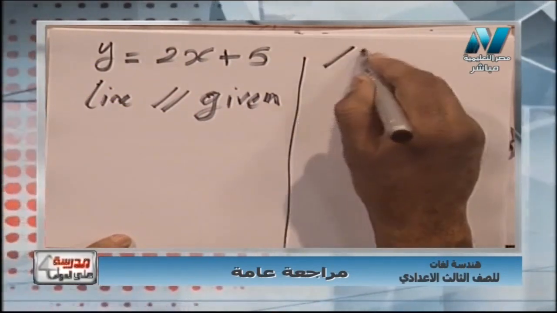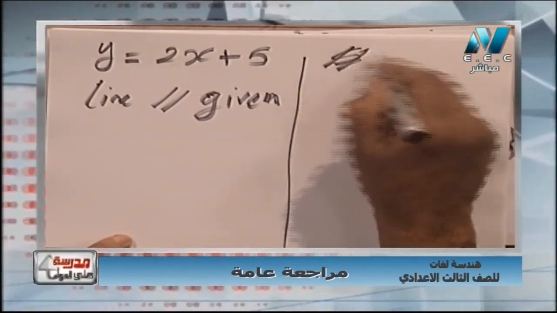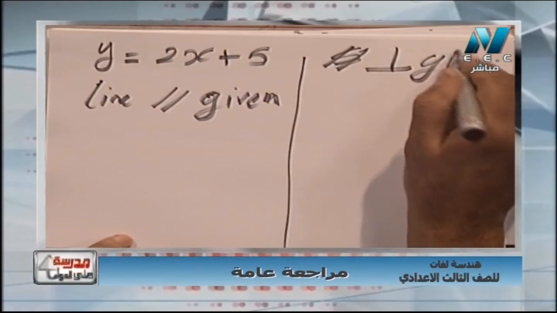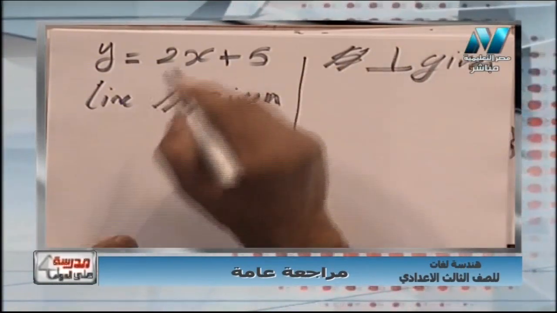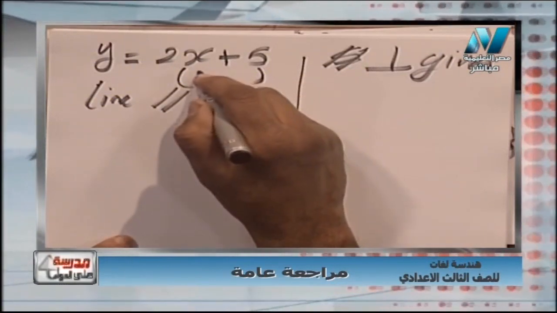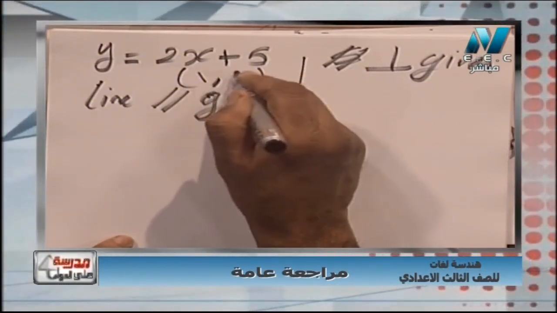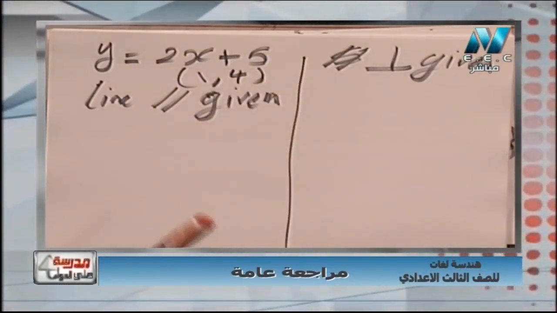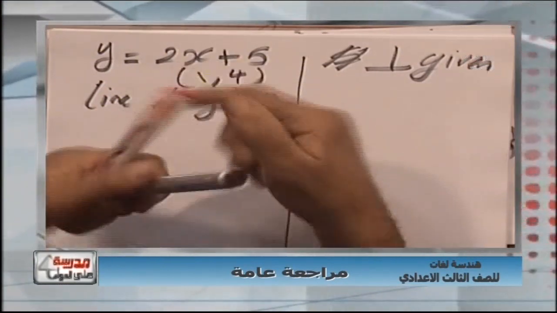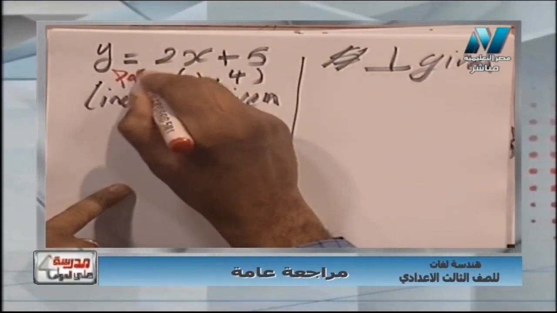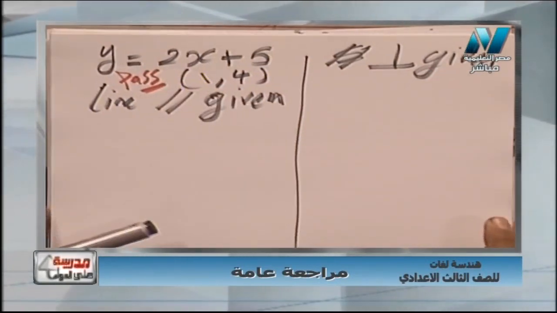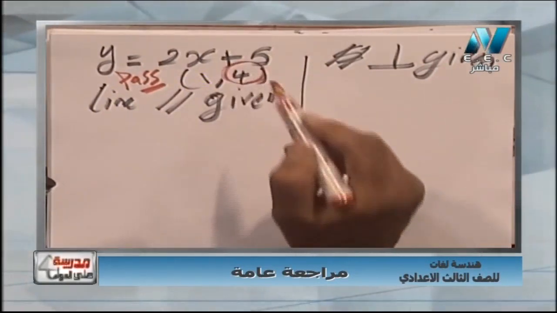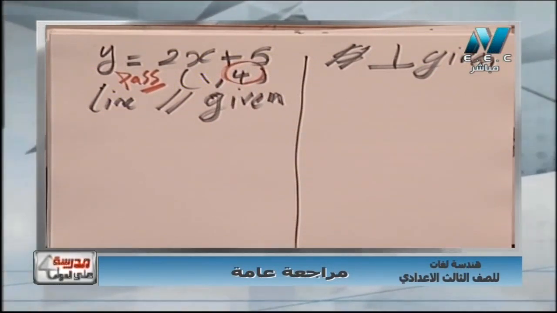Okay, second case, not parallel, perpendicular to the given line. Okay, we have two cases. And the line passes through 1 and 4. 1 and 4 means this point is not an intercept from the y-axis.